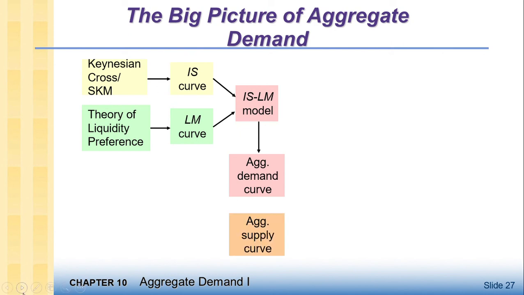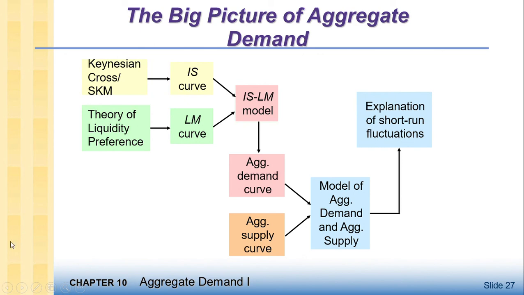There's another side of this big picture where the aggregate supply curve comes, and these two together explain the short-run economic fluctuations. So where then is Keynes differing from the classicals? For the classicals it was always the aggregate supply curve, determined by the level of production and the amount of growth that GDP was going through, and not the short-run fluctuations.